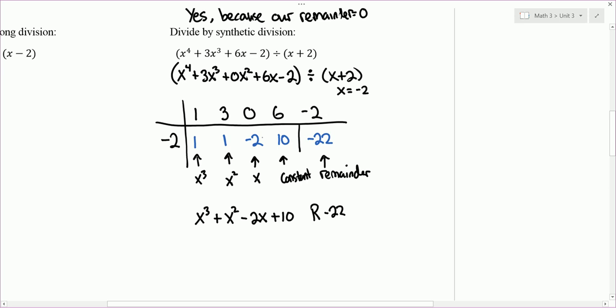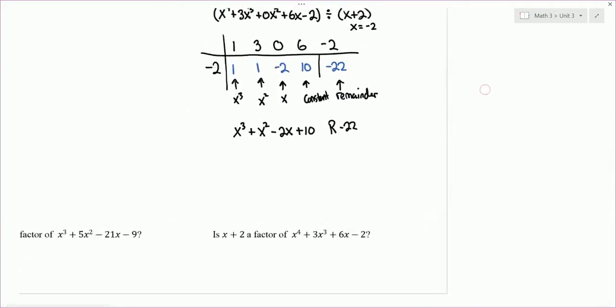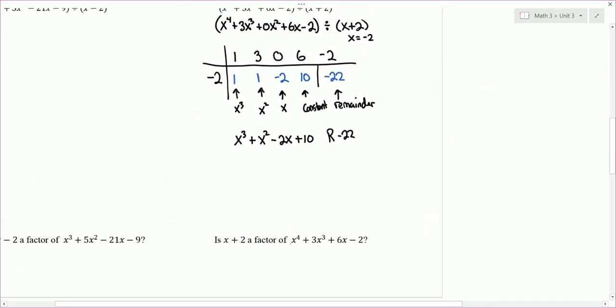Because our remainder is not 0, x plus 2 is not a factor. So our question here is, is x plus 2 a factor of x to the fourth plus 3x cubed plus 6x minus 2?